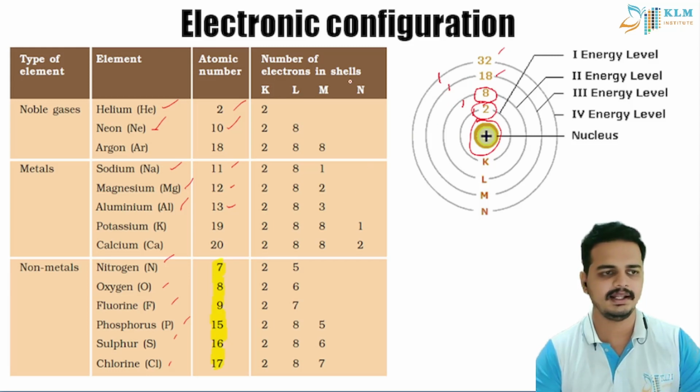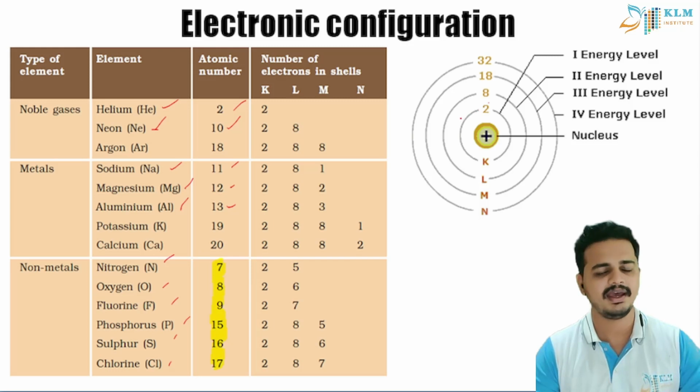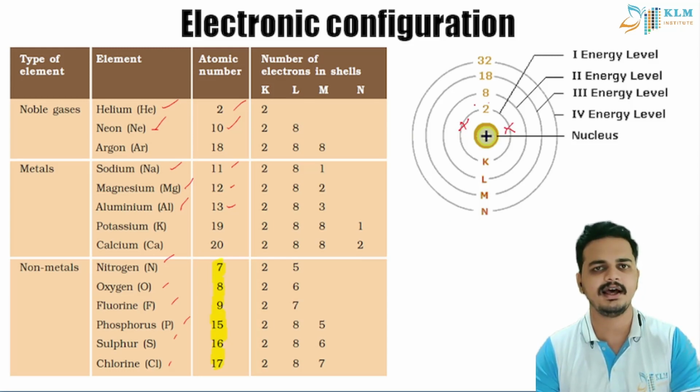So let me erase this and show you an example of how these electrons lie. Let's take the example of helium. Helium has very simple 2 electrons. Here 1 electron and here somewhere 1 electron. So these are the 2 electrons, and the rest of the shells are completely empty. They are there, but they are imaginary.